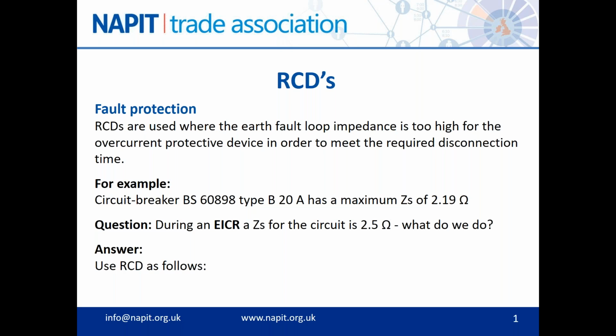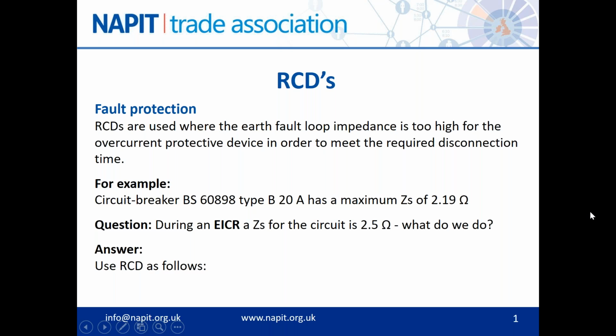It could be the fact, though, that the circuit was designed a good few years ago, installed a good few years ago, and we have a system that was close to the maximum Zs then. Since then, we've had new amendments of the regulations, which have reduced Zs as they go along, due to calculations using 230 volts instead of 240, and Cmin coming in to make sure we get the full range of the circuit breaker operating.